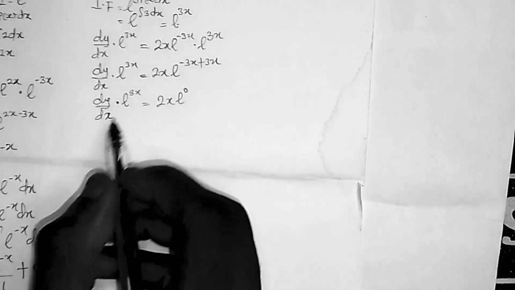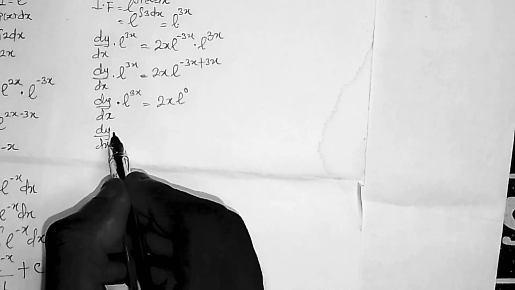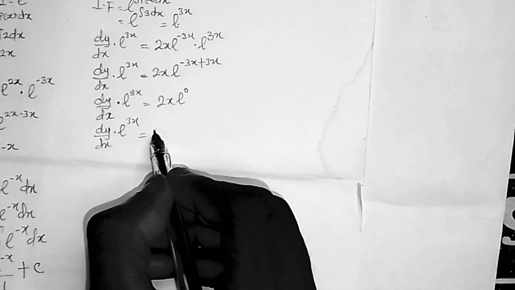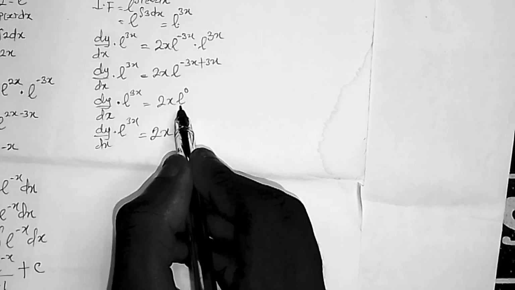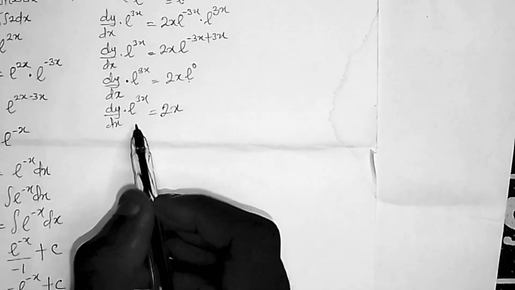And what would that be? That will now become dy dx multiplied by exponential 3x equal to 2x, because this is 1 and then multiplied by 1 is the same thing, because anything power 0 is 1. So now you can see that we need to cross multiply.